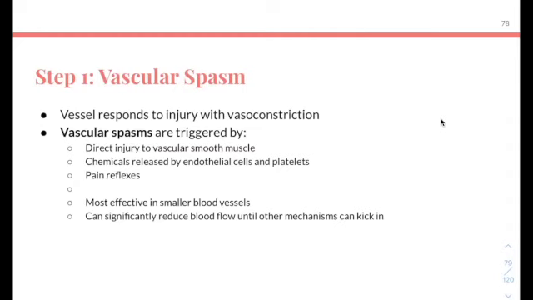There's chemicals that are released by those endothelial cells in that blood vessel. We also get platelets that are released. We have pain reflexes. That's why sometimes when you get poked by a needle, it hurts.